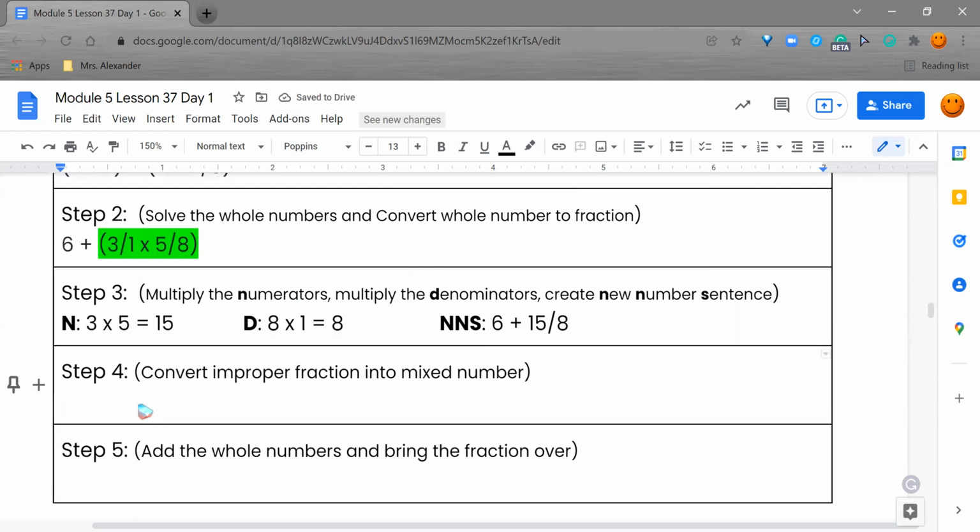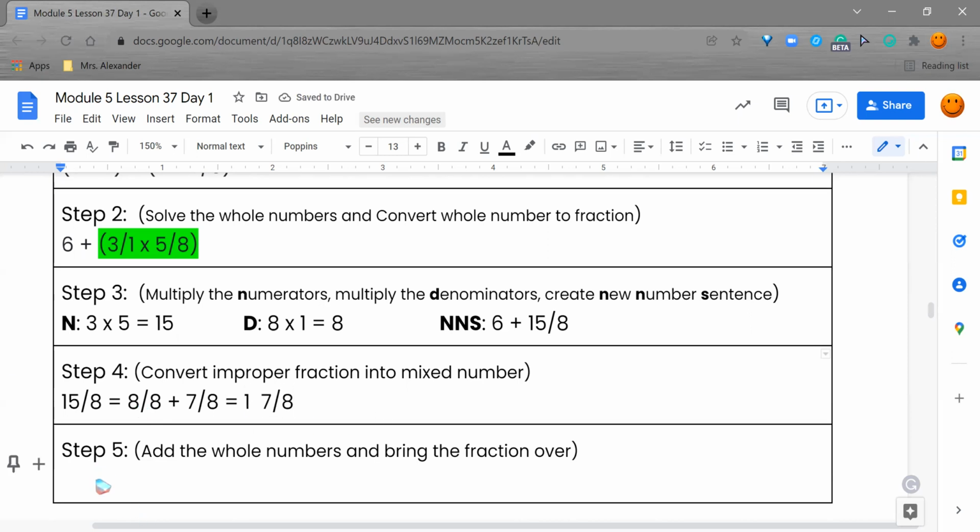So now I'm going to take that 15 over 8 and convert it into a mixed number. We're going to skip count and see how many times 8 goes into 15. I know if I do 8, the next number is 16, so I know I can't go to 2 8s. So I need to count 8 up to 15. And if you do that, you find out you have 7 left over, which gives you 1 7/8.